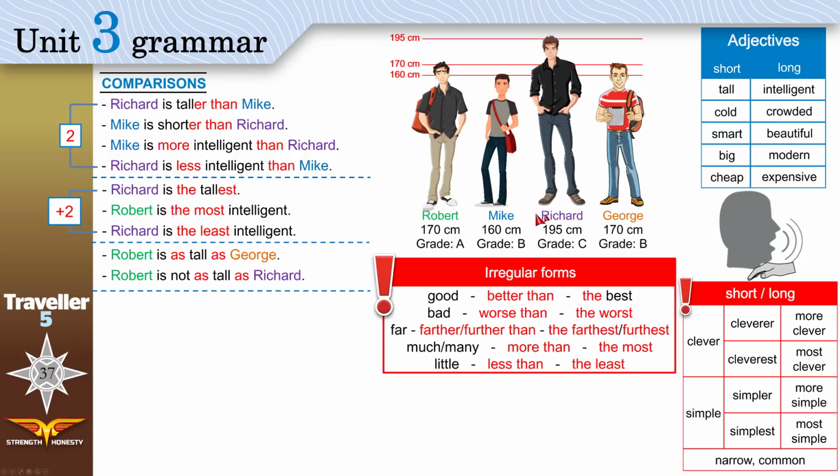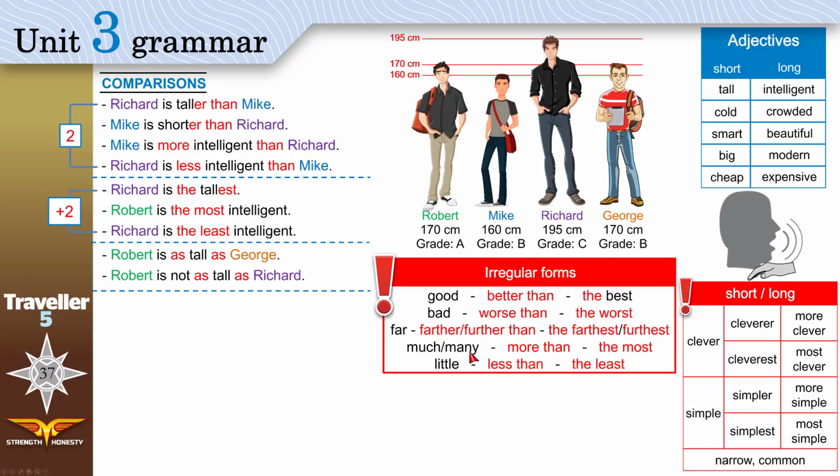Richard is worse than Mike. Mike is worse than Robert. Robert is the best. Richard is the worst. Far, which means not near. You can say farther or further than. The farthest or the furthest.